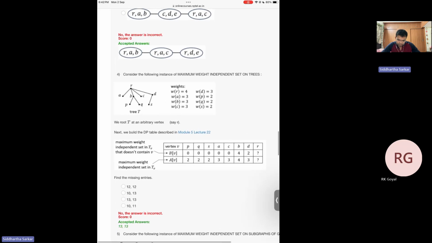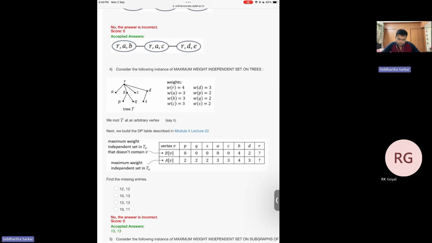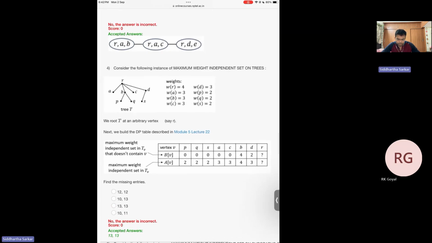So we had this graph and we computed two table entries, an array A and an array B. A of V was the maximum weight independent set in the subtree rooted at V, denoted as T_V.